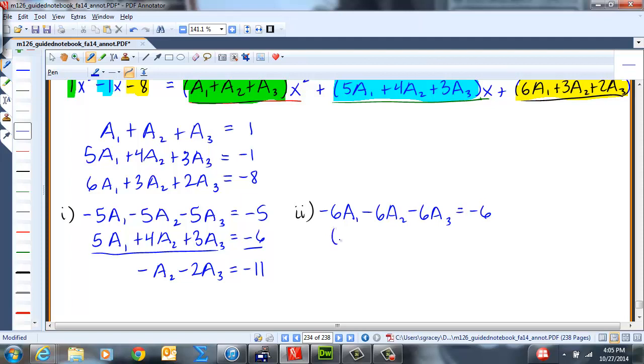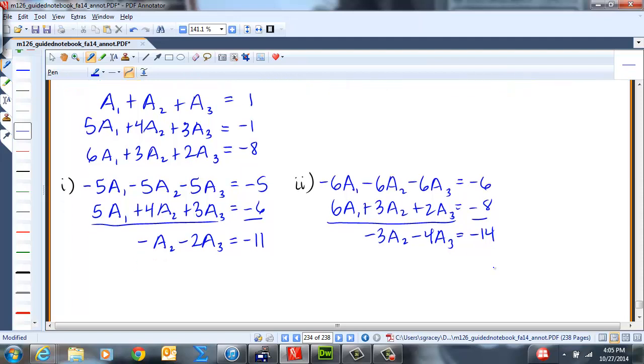And then we're going to add to that the third equation. Again, the a1s will zero out. We'll have negative 3a2 minus 4a3 equals negative 14.